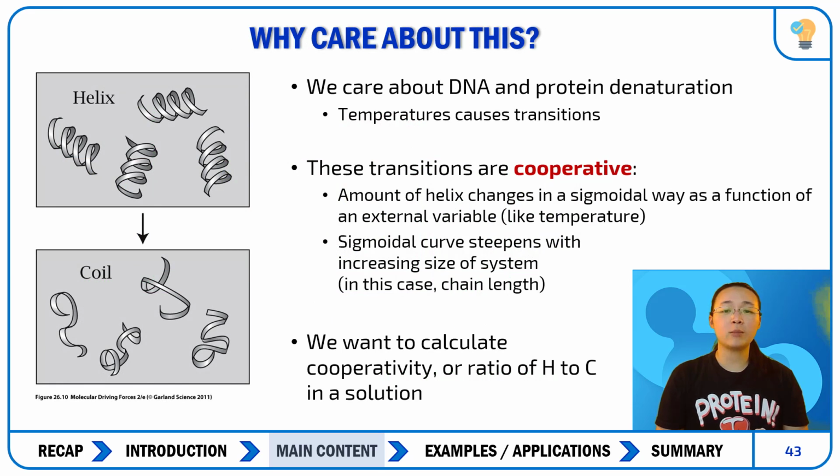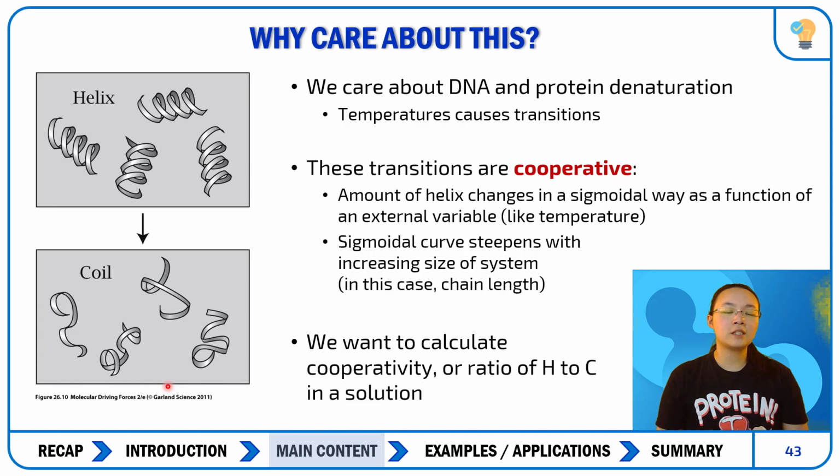So why do we even care about this? We care about this because we want to be able to figure out how many helix states there are compared to coil states in a solution. So this is just a diagram of some helix states and coil states. And the simplest model of this was to just create a one-dimensional sequence of H and C subunits.